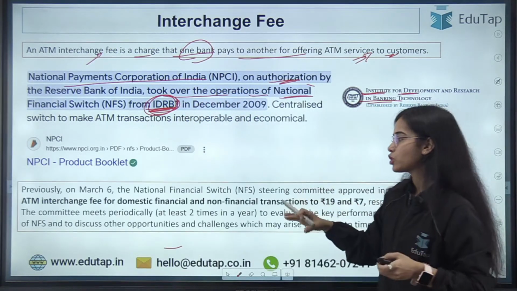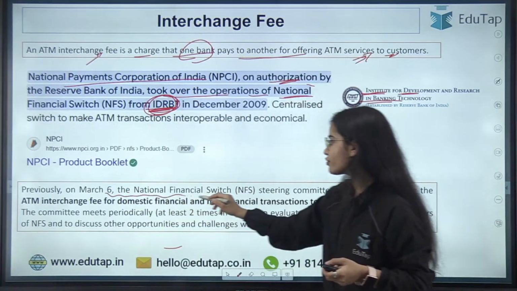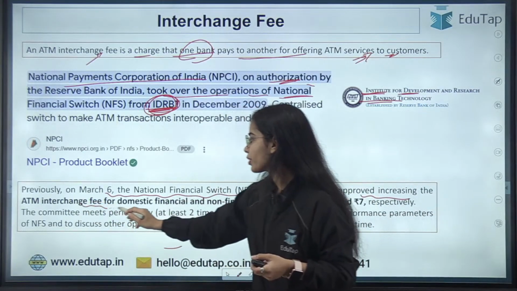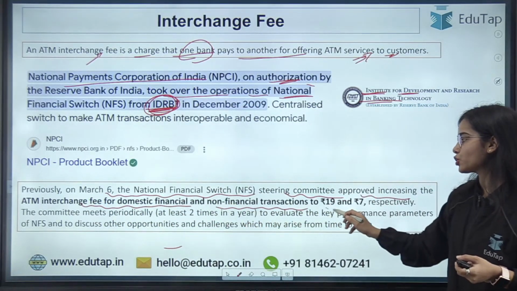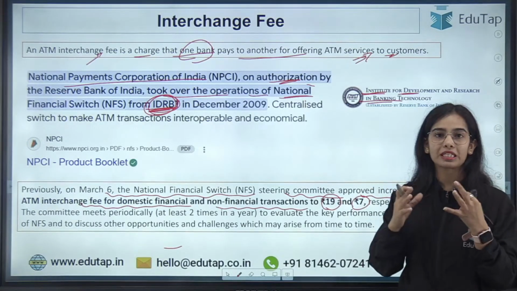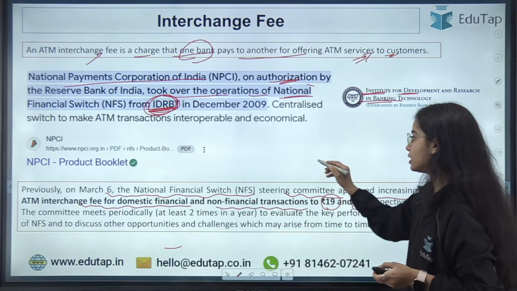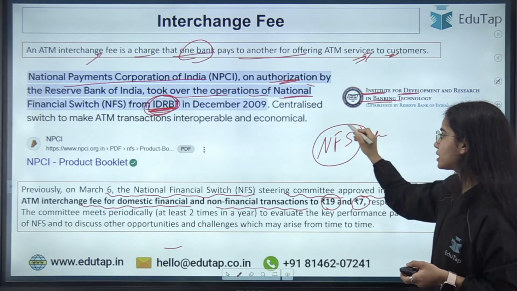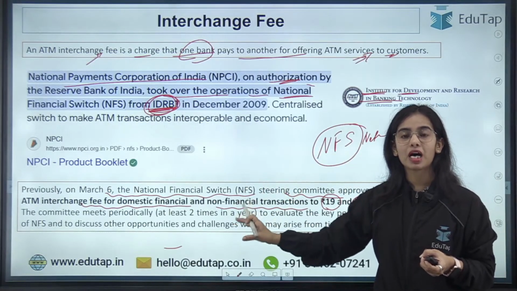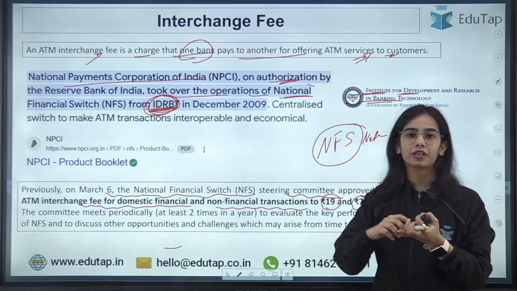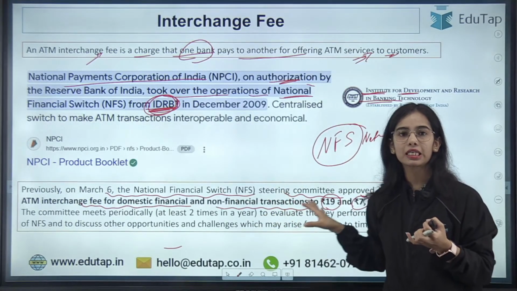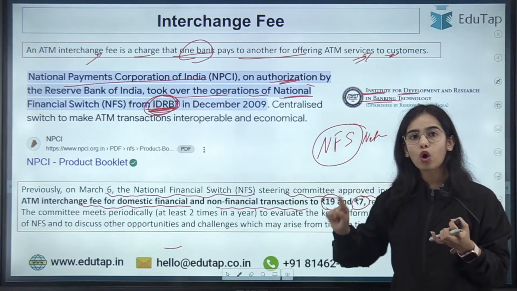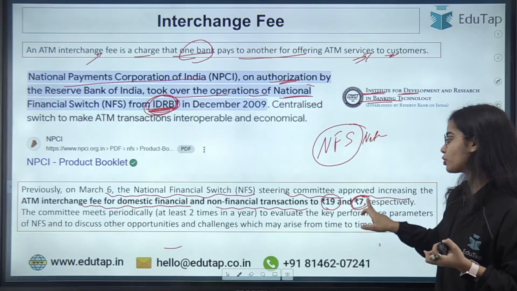So previously, on March 6, the National Financial Switch Steering Committee approved increasing the ATM interchange fee for domestic financial and non-financial transactions to rupees 19 and rupees 7. So it was basically said that all the banks under this ATM network, when they are doing the interchange, the interchange fee should be rupees 19 for financial transactions, like cash withdrawal, and for non-financial transactions, the interchange fee should be rupees 7.